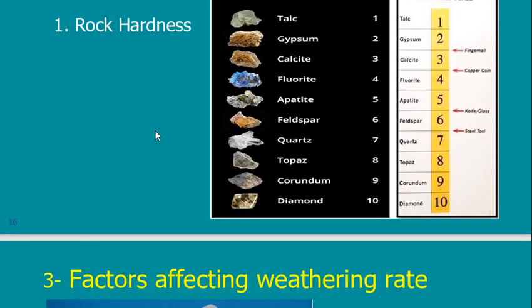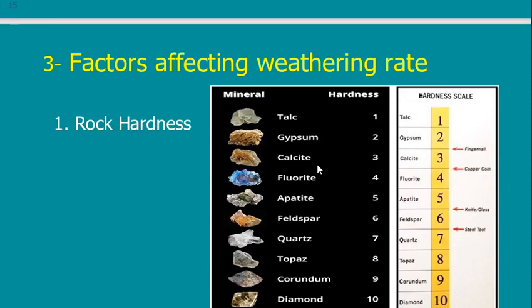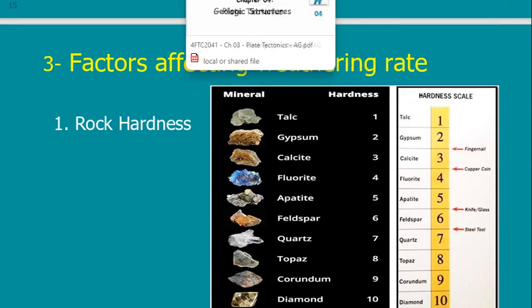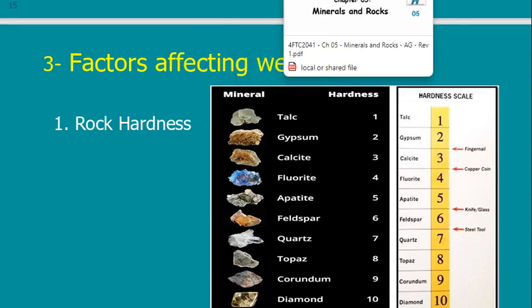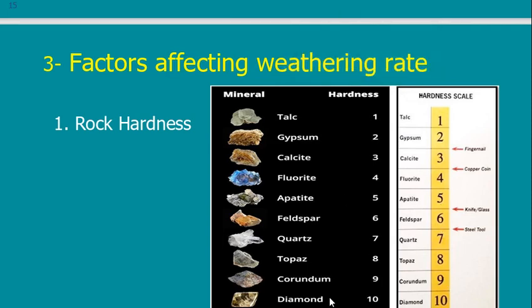Let's take each one. Rock hardness. This is just for you to remember. This is the figure that we took before in the lecture of the minerals and rock, if you remember. So in this lecture, we studied something called rock hardness.